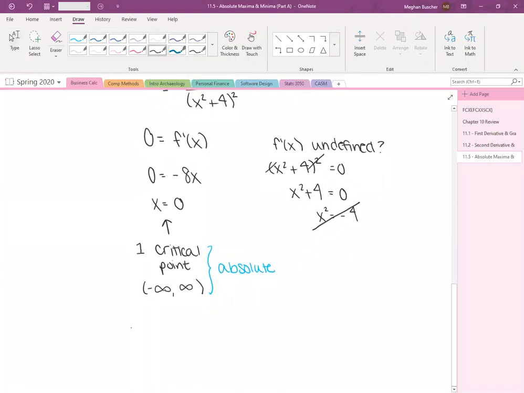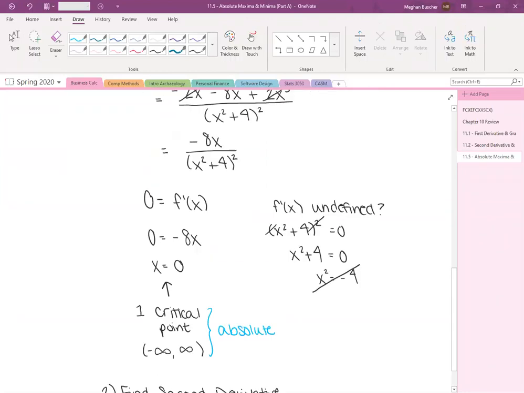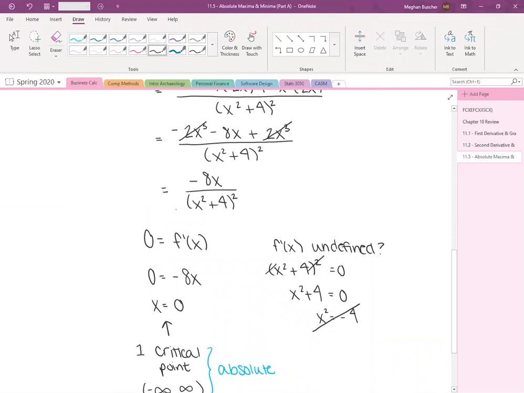So let's find our second derivative. F double prime of x. What are we going to have to use again to find the derivative of this function? Which rule? No one? Okay.